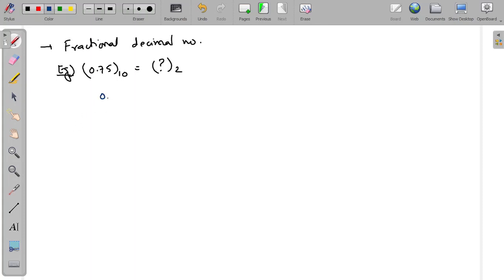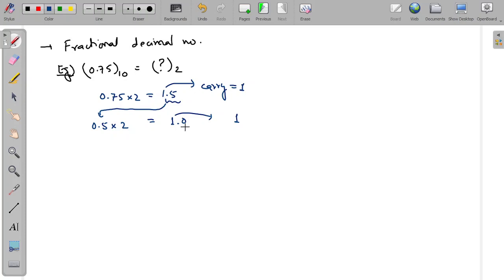Look here, 0.75 into 2 becomes 1.5, and collect all these carries. So the carry here is 1, and bring the remaining fractional part here, again multiply it by 2, it will become 1.0. So the carry this time is 1, and we have a fraction of 0.